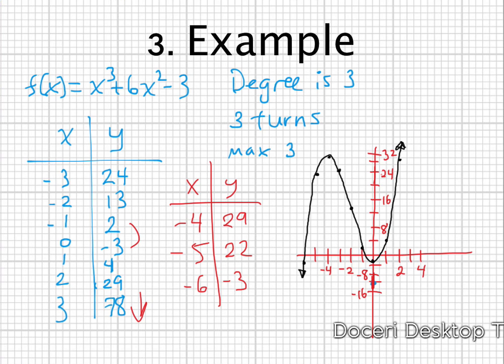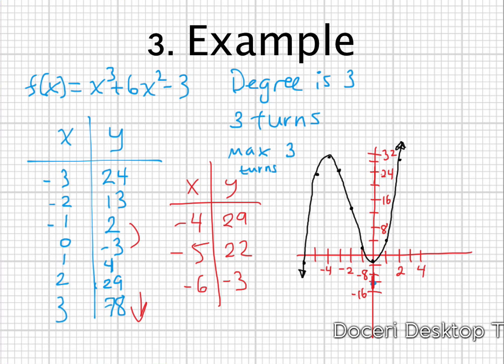Okay, so now that you've graphed that, we can look at the relative maximum and the relative minimum. You can also tell this from the table, but it's so much easier to see that the graph is going a certain direction, or is peaking or valleying, if you say, at certain points.